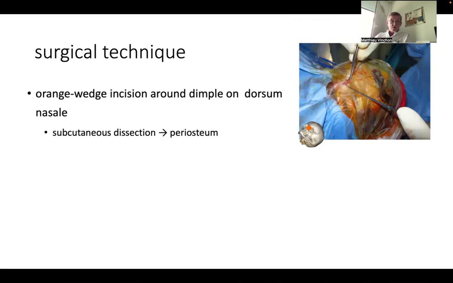So there is an orange wedge incision around the dimple on the dorsum nasi. We do a subcutaneous dissection down to the periosteum, and then we follow the fistula up to the bone penetration.